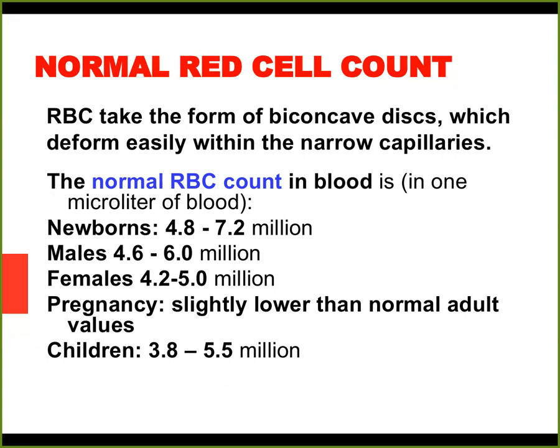It may really depend on the laboratory. In some laboratories, normal values for males are 4.6 to 6 million, for females 4.2 to 5 million. In other, classical laboratories, in males 4.5 to 5 million, in females 3.8 to 4.5 million in 1 milliliter.